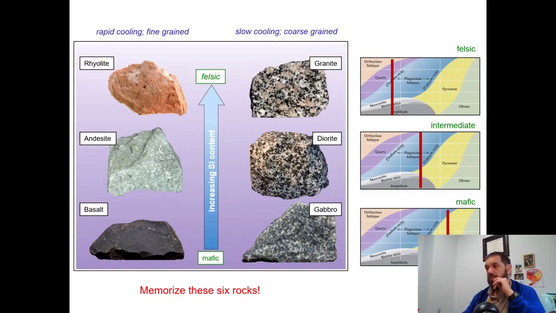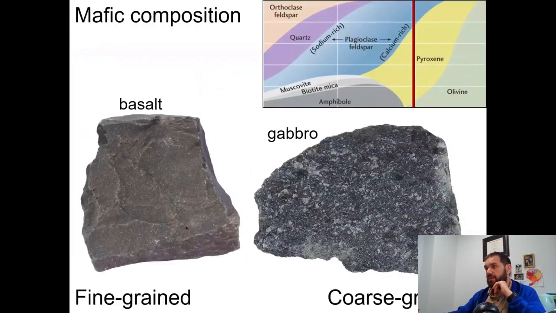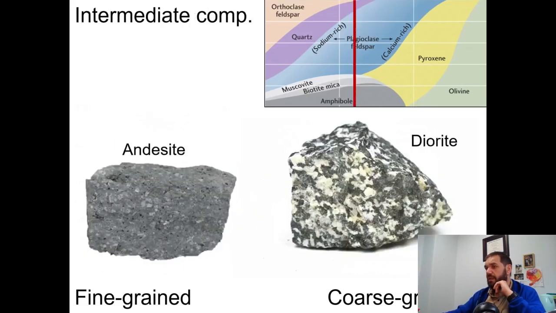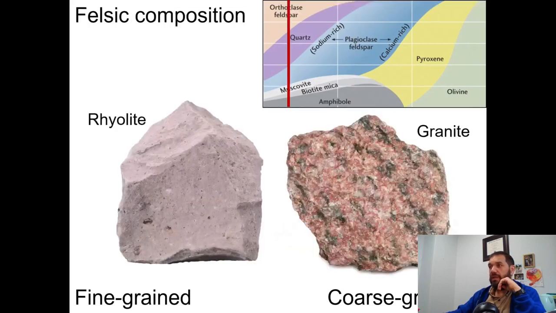Mafic rocks are basalt if fine-grained, gabbro if coarse-grained. For intermediate compositions, andesite if fine-grained, diorite if coarse-grained. And for felsic compositions, rhyolite if fine-grained, granite if coarse-grained.